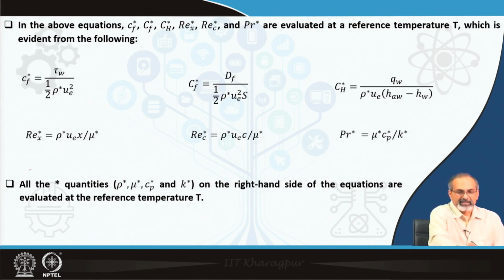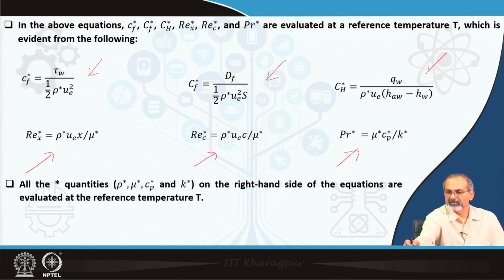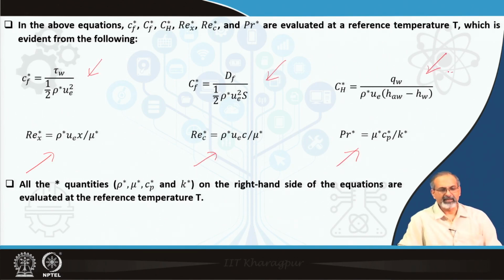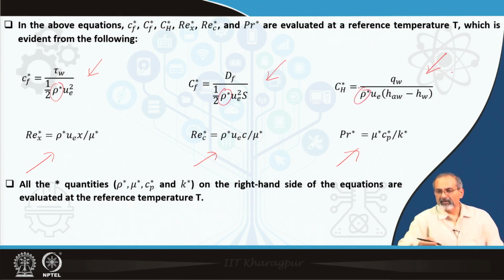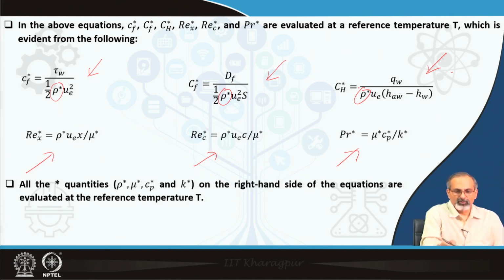So, that is what is reiterated over here. By definition, these are the coefficients from first principle, and then you are saying that in each one of these expressions, for example, here it is density, you have to apply the particular temperature, and therefore, you end up getting the star quantities.